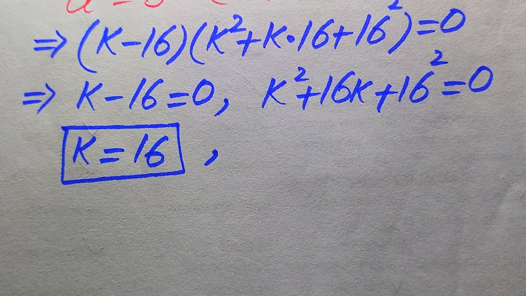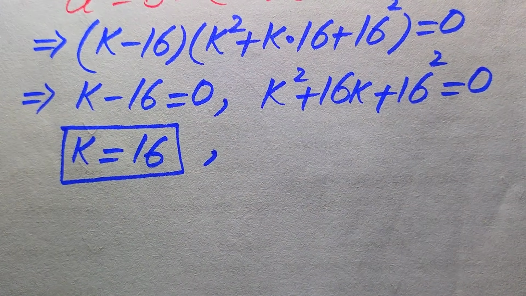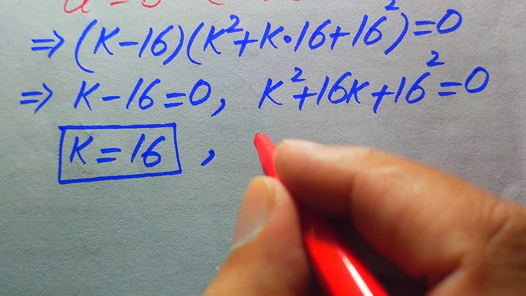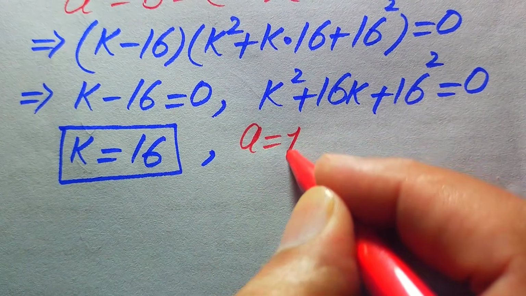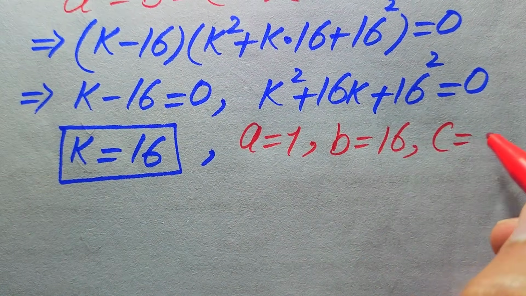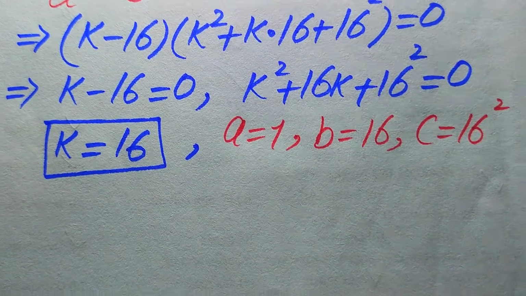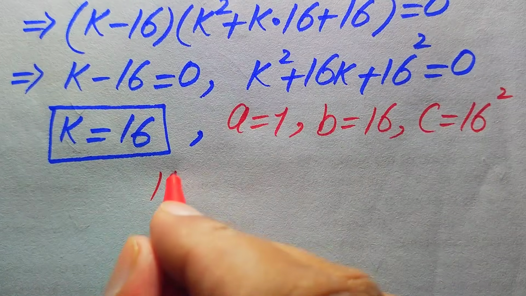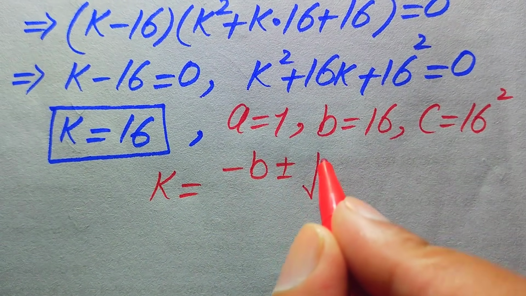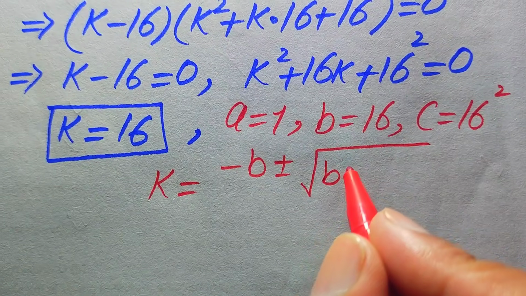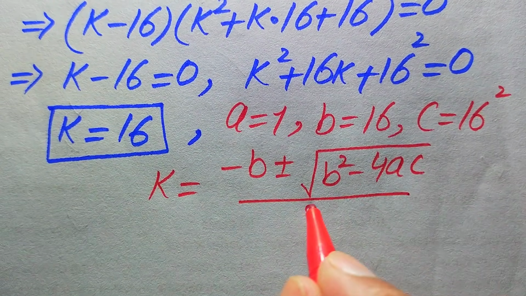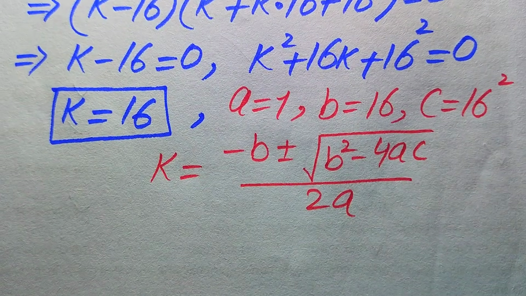So here we use the quadratic formula to solve this quadratic equation, and for this first we write the coefficients of this equation: a equals 1, b equals 16, and c equals 16 squared. We state the quadratic formula as k equals minus b plus minus square root of b squared minus 4ac, divided by 2a.